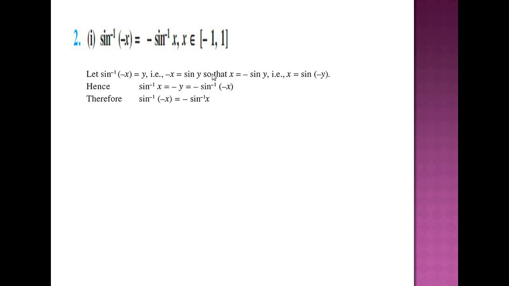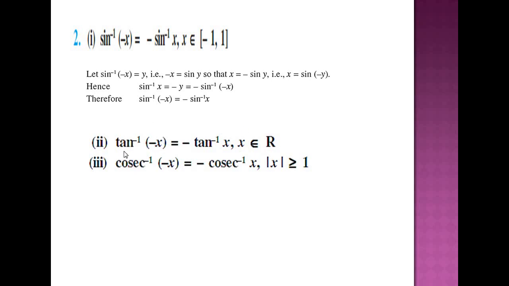Hence sine inverse of minus x is nothing but, this sign given to minus, it becomes minus of sine inverse of x. So you have to remember that sine inverse of negative x is nothing but minus of sine inverse of x.